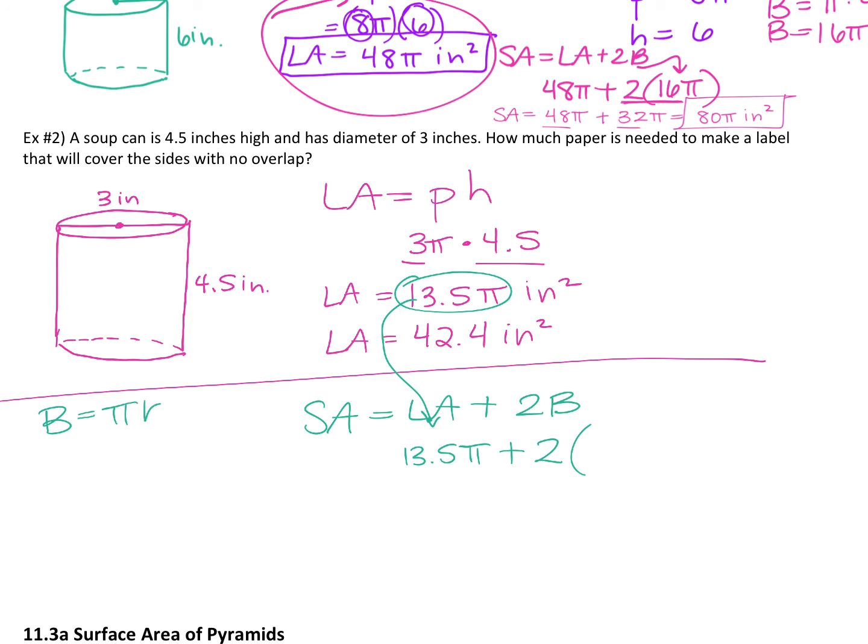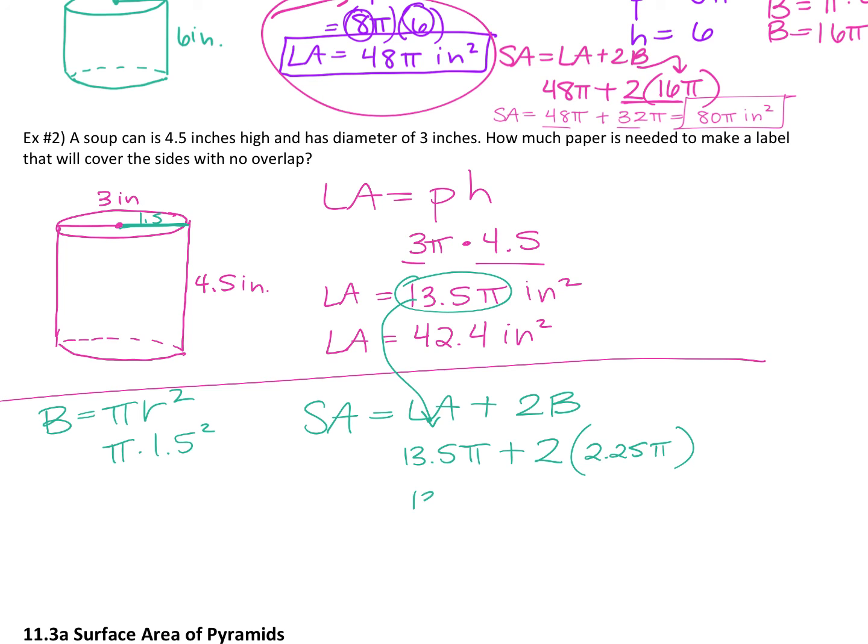Area of a circle. So pi r squared, and r is what? 1.5. If your diameter is 3, then your radius is 1.5. So pi times 1.5 squared. 1.5 squared is 2.25 times pi. Okay.